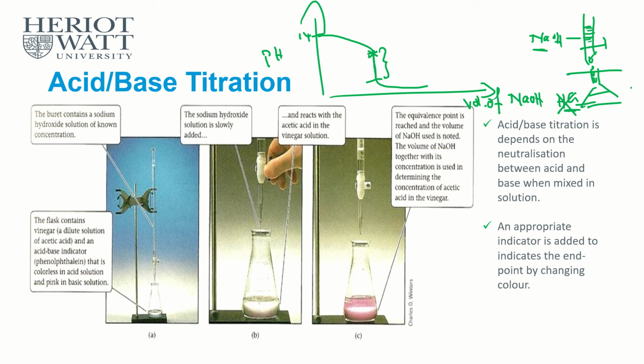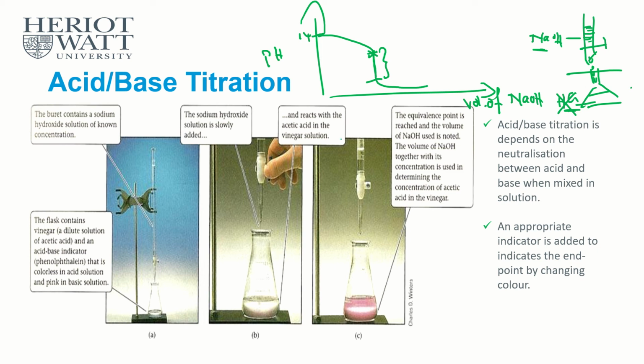Now this is not something that we can see. How can we tell the HCl in the solution has been neutralized? We can't see the HCl moving around. So we need an indicator for this. The indicator is there to tell us, yes, that's the point. This is the point where all the HCl has been neutralized.